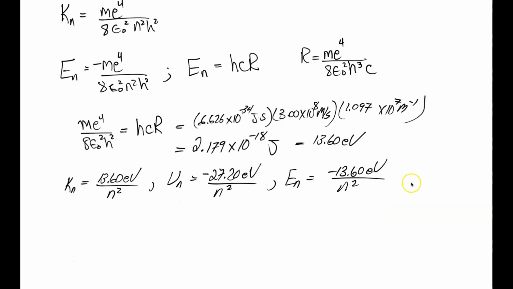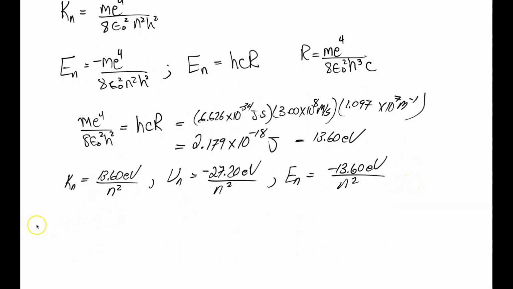So now for the first excited state, that implies that n equals 2, which means K sub 2 is going to equal, if we put 2 in here, 13.6 electron volts over 4, which is 3.4 electron volts.